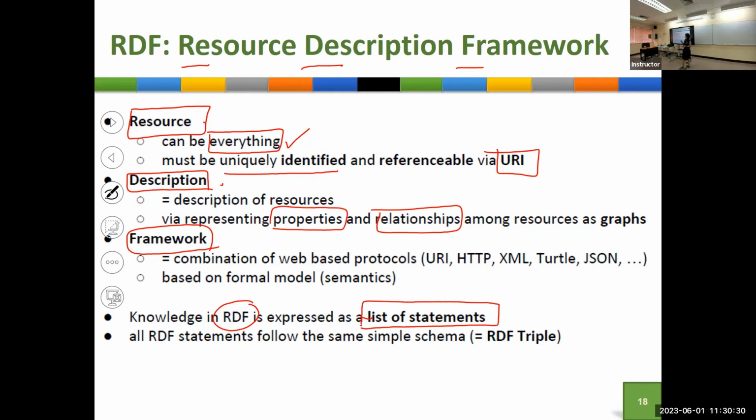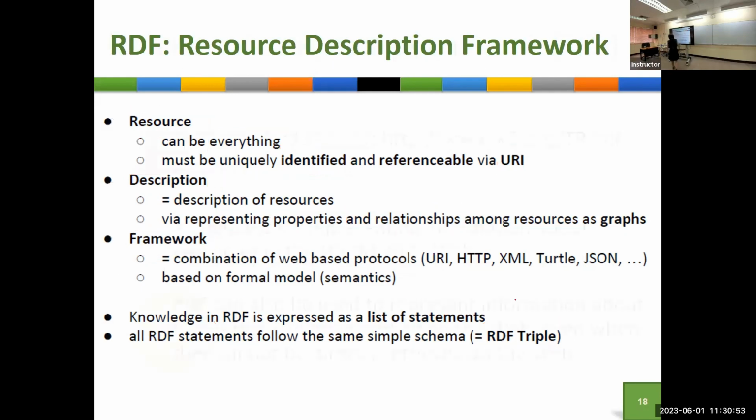Most of the time, actually, you will see, as we saw already yesterday, the word triple, right? Remember I said about this yesterday. Triple means statements. It's the same thing. An RDF triple is an RDF statement. It's just a way to refer to this specifically.